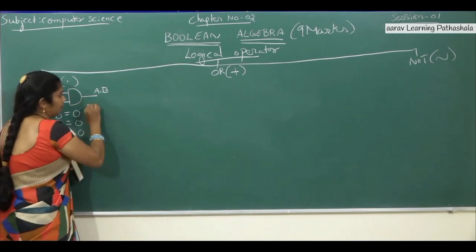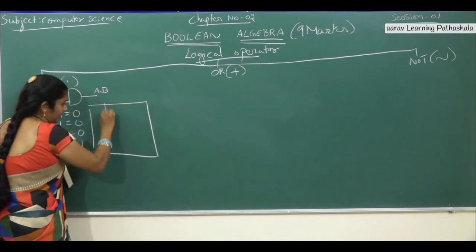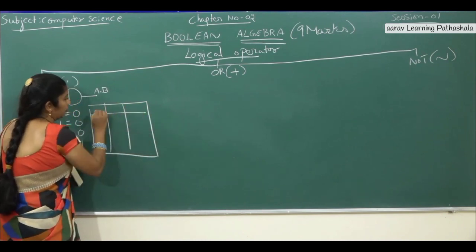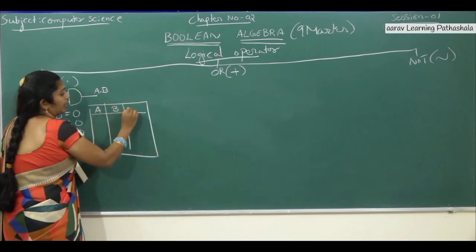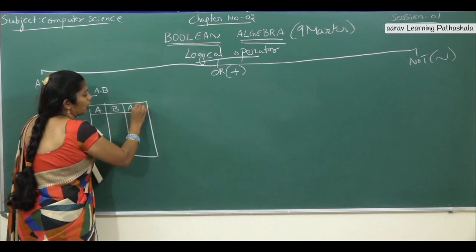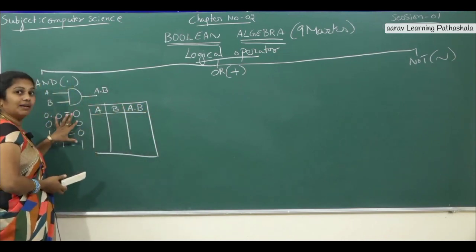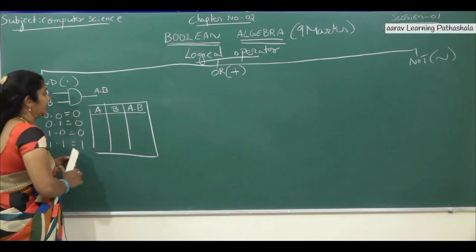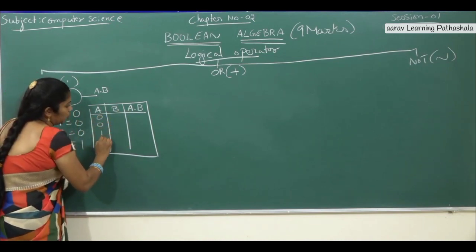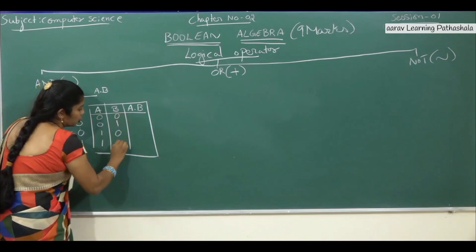And how do we write the truth table for this? In the same pattern, minimum 2 inputs A and B, and the output represents A dot B. This is the truth table with all the possible results. Here 2 zeros and 2 ones: 0 1 0 1.